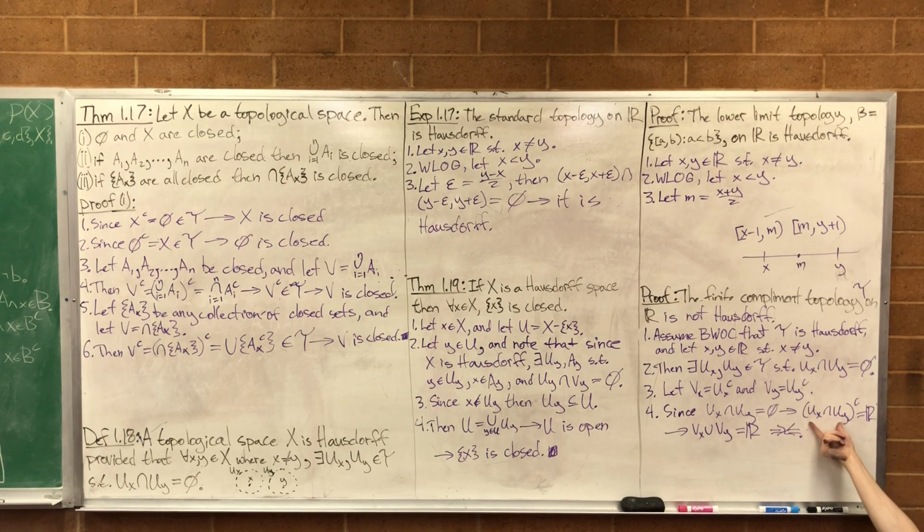So you have an open set, but its complement is R. Contradiction, because our open sets have a finite complement, and we just found an open set whose complement was R. So yeah, you could have thought about it that way. That works too. Good? Any other questions?